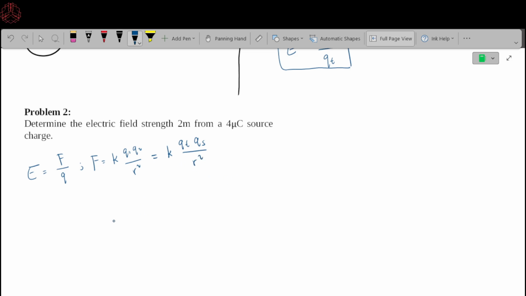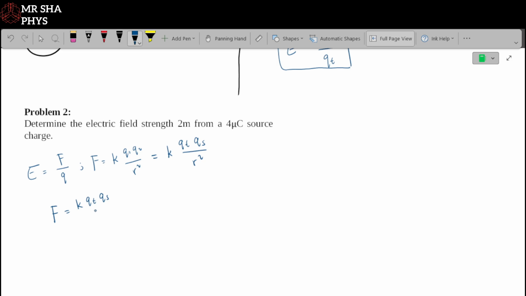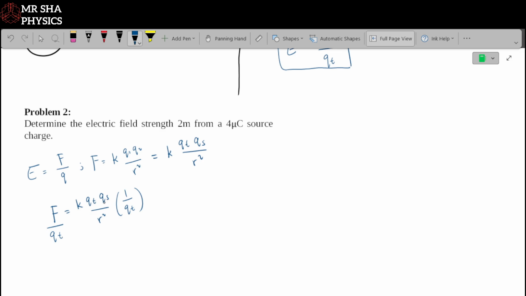If I divide by Q test charge, multiplying by 1 over QT, I can cancel out the QT, and this leads to the next result: E equals K QS over R squared.